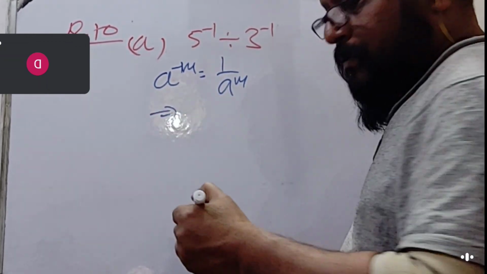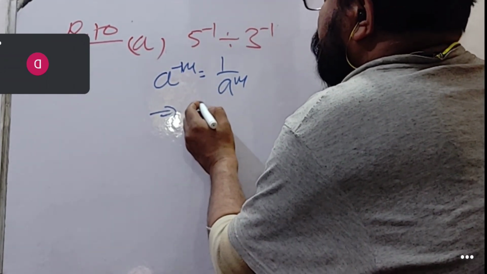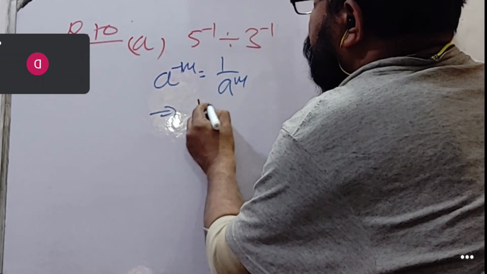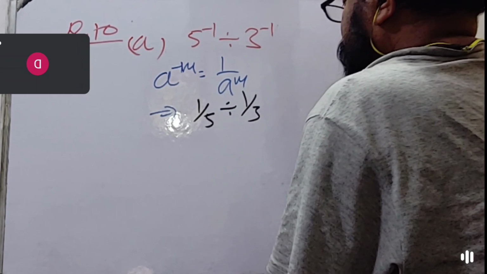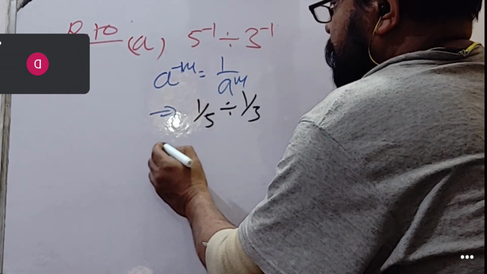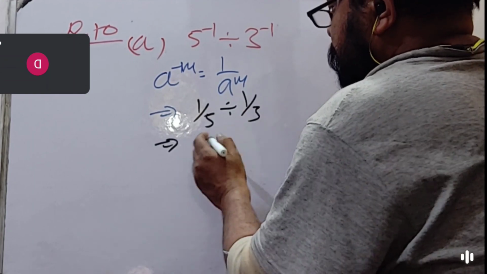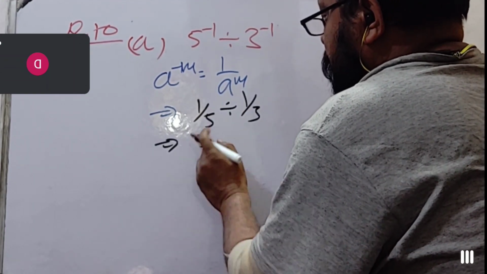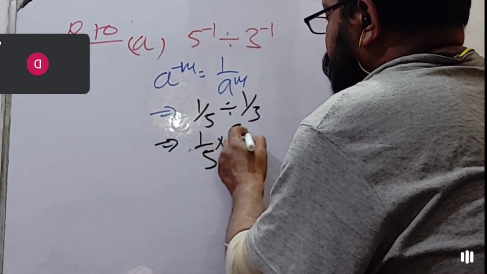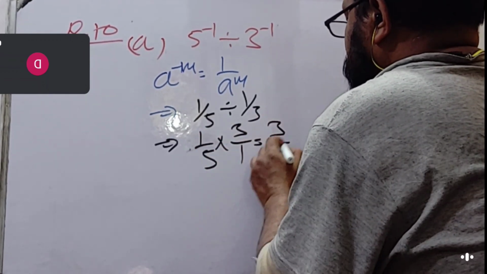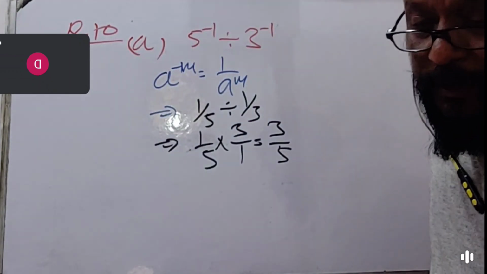Therefore, 1 upon 5 divided by 1 upon 3, right? So it becomes 1 upon 5 into 3 upon 1, it becomes 3 upon 5, right? Now go for the next one.